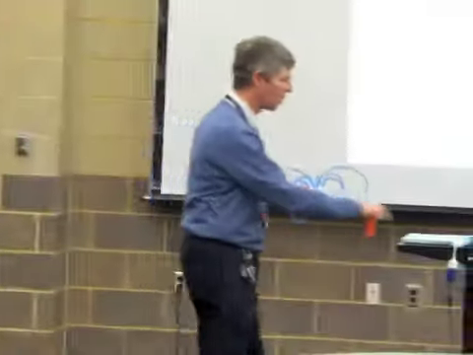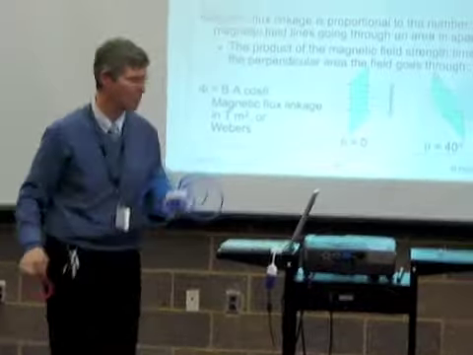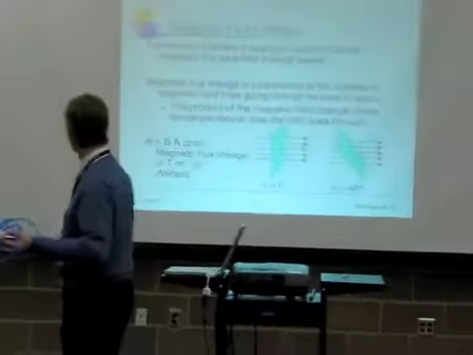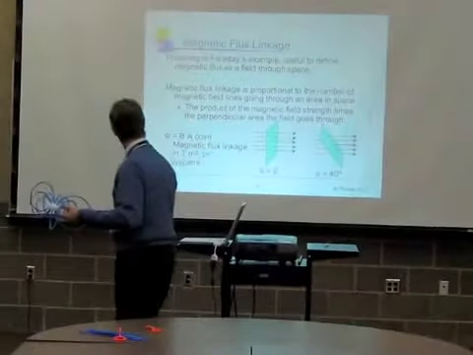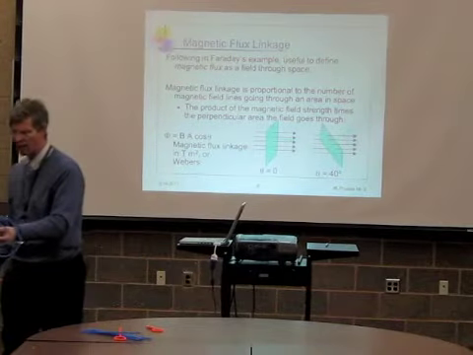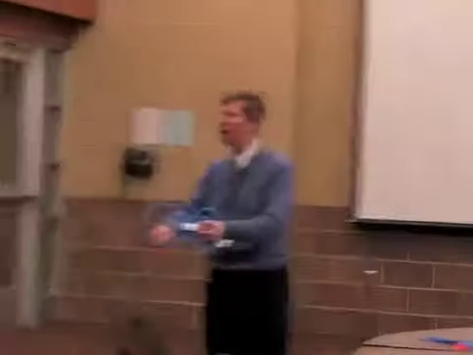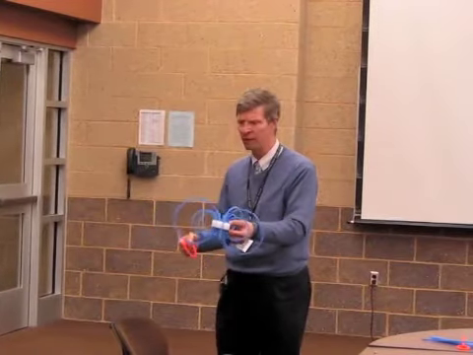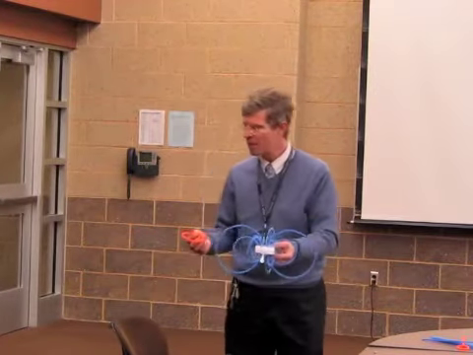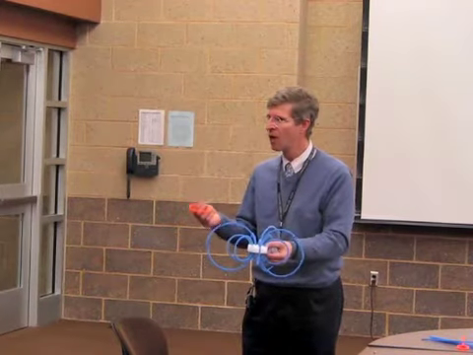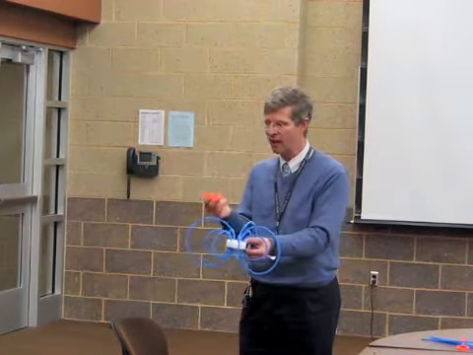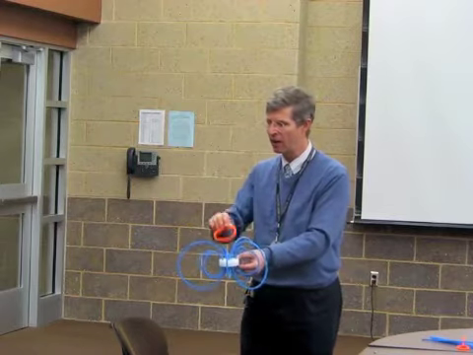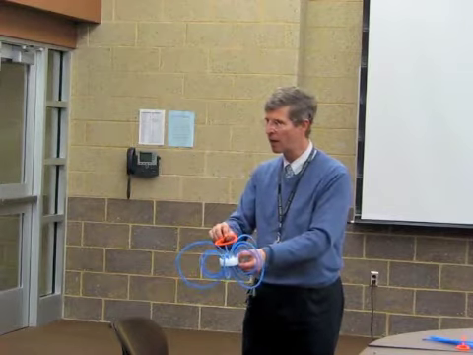And that is what we use by defining magnetic flux and magnetic flux linkage. The magnetic flux is basically what these lines are, lines of magnetic field going through space. The magnetic flux is how much of that is actually going through a specific area.